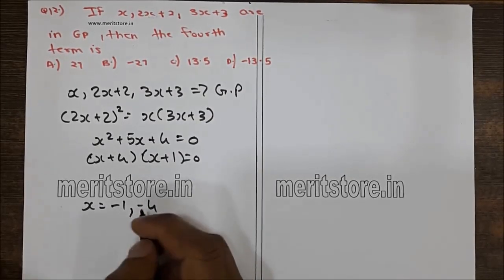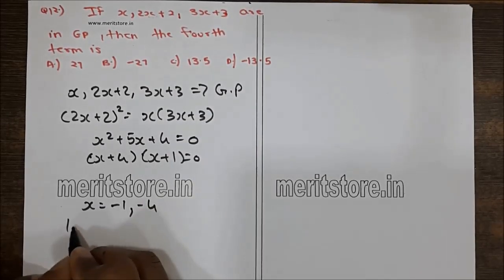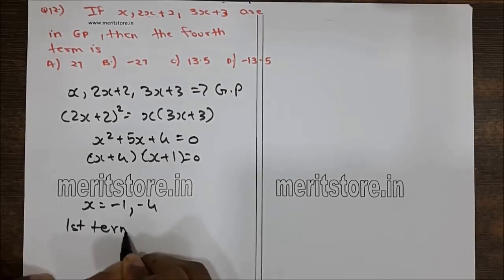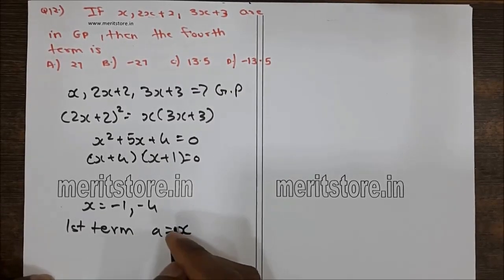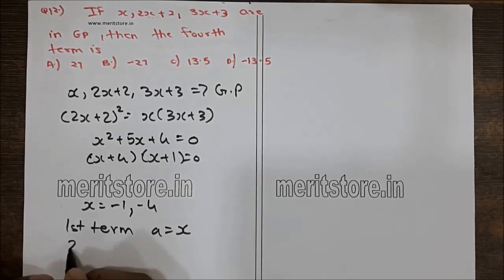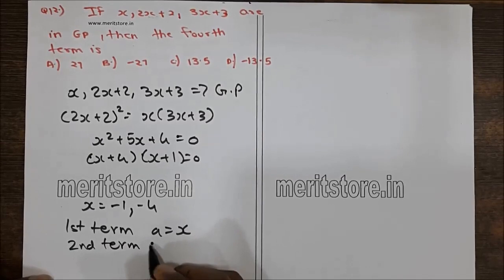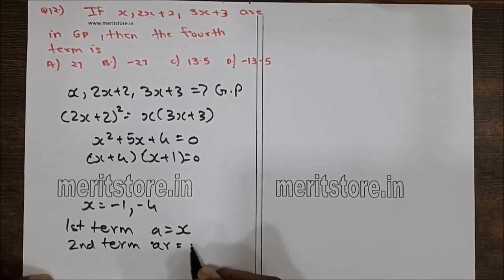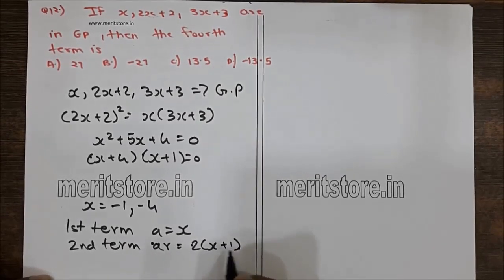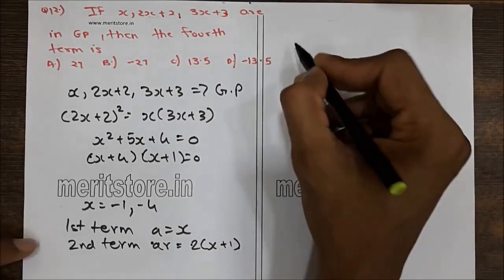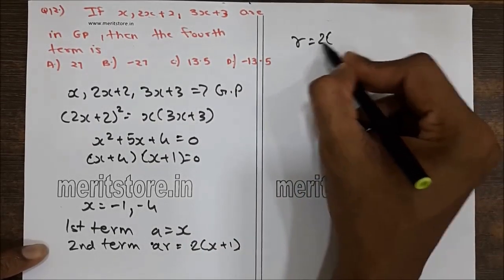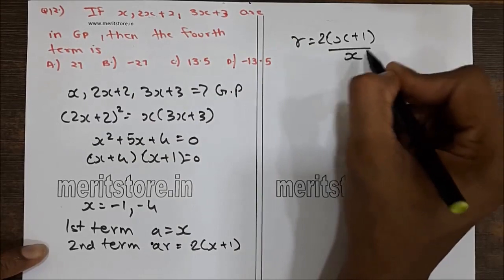So the first term a is equal to x, and the second term equal to ar equal to 2x plus 2. So we have r is equal to 2x plus 2 upon x.